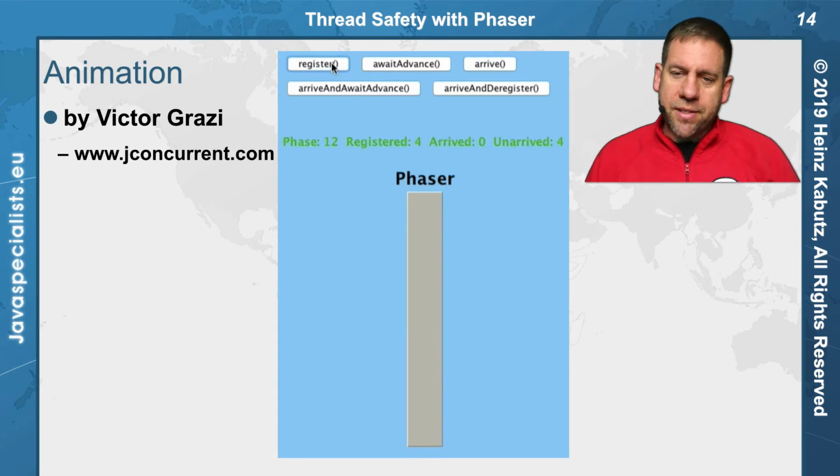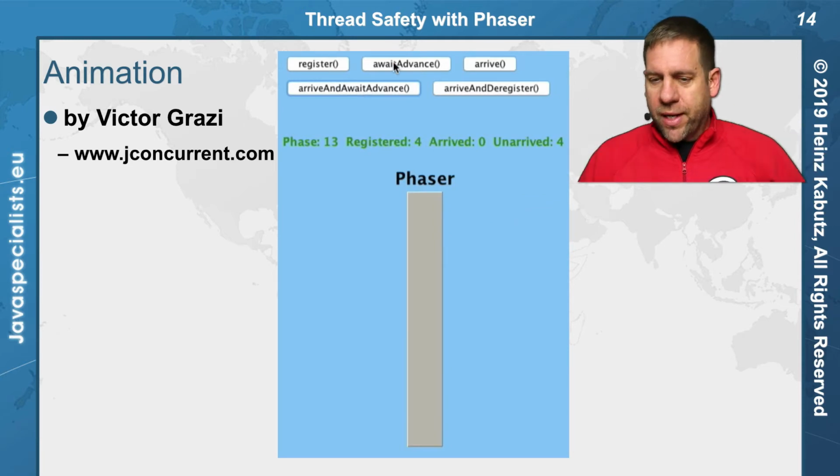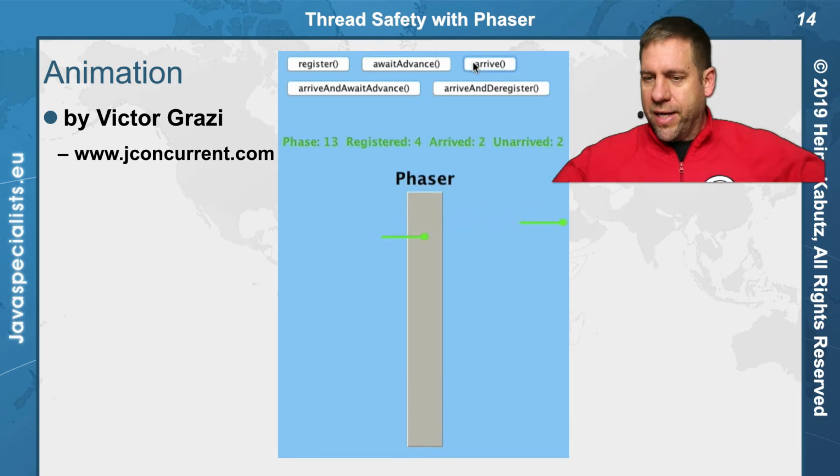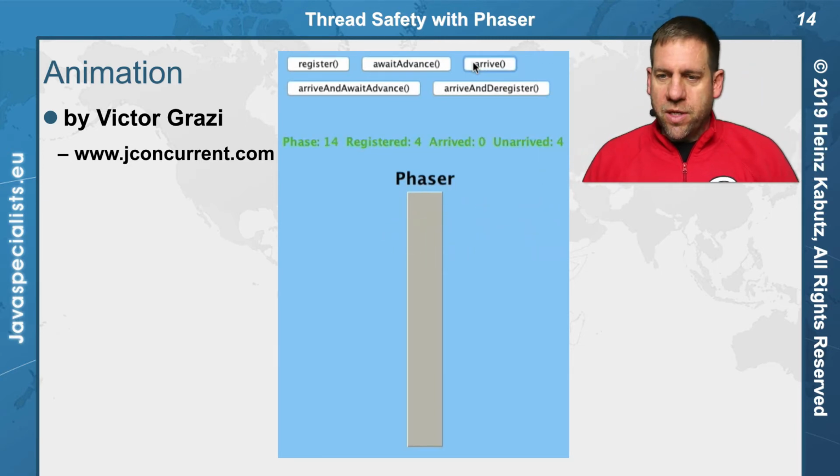But that's basically it. Most of the time you're going to have arriveAndAwaitAdvance being used for the number of phases, working like a cyclic barrier. Or if you want everybody once off like a CountDownLatch, you can do that as well. But it won't work like the CountDownLatch generally.